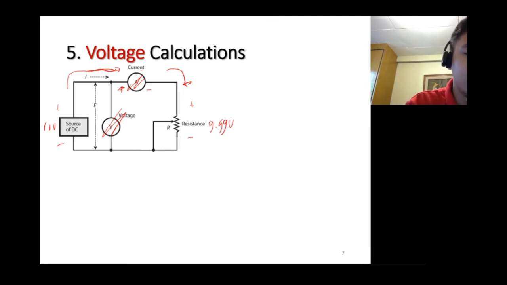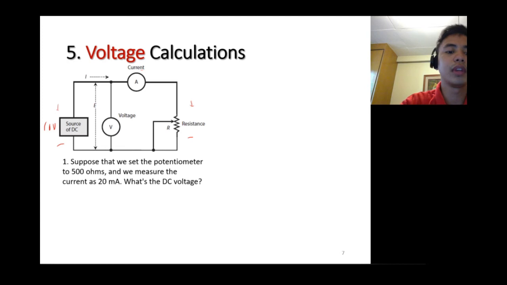But it's so insignificant that you don't include the ammeter. Insignificant means it cannot really affect the circuit. So you just ignore the voltmeter and the ammeter when you're looking at the circuit.